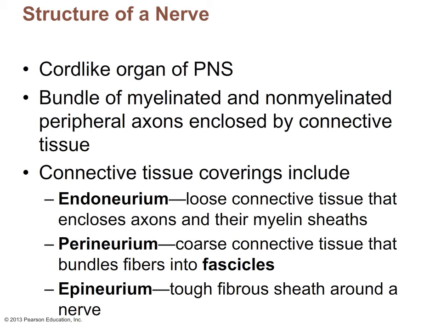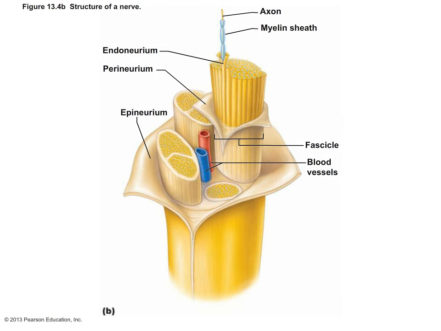And just like muscle tissue, the nerve tissue is divided into regions by connective tissue coverings. And these include endoneurium, perineurium, and epineurium. So here we can see a picture of what a nerve would look like. Remember, the outside of the nerve is covered by a connective tissue called epineurium, and within the nerve, the axons are divided into bundles called fascicles. You probably remember back to the muscular system when we said a fascicle is a bundle of muscle fibers.